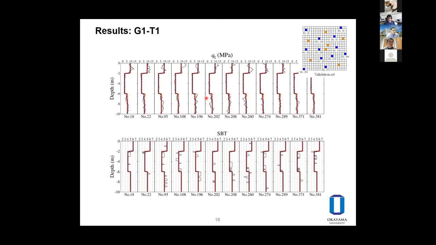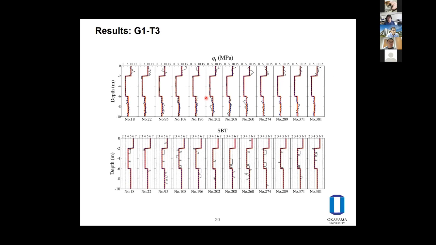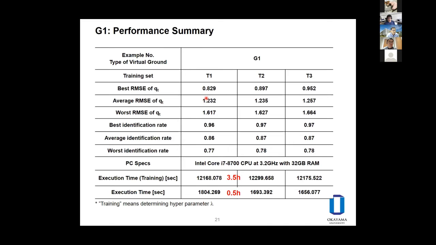Of course T2 and T3 we can get a very good result. So I guess this benchmark example is really easy to solve, and I guess a very naive method can work in this example. So how about the computation time?